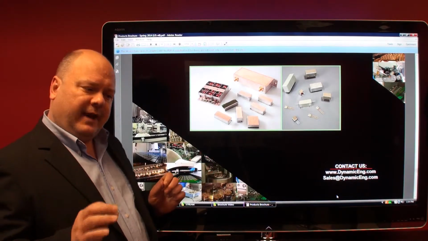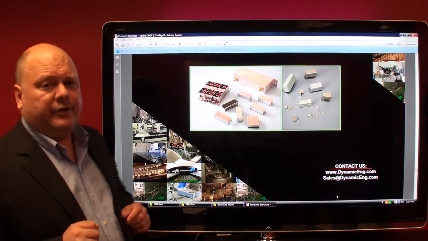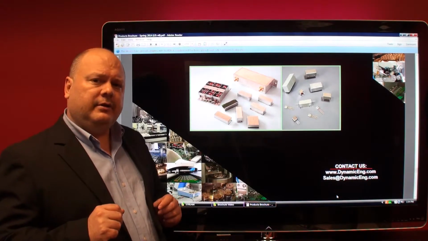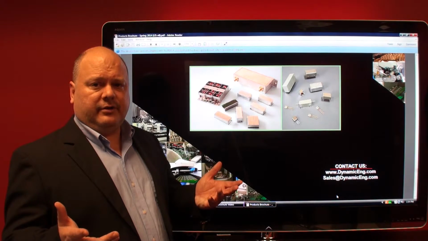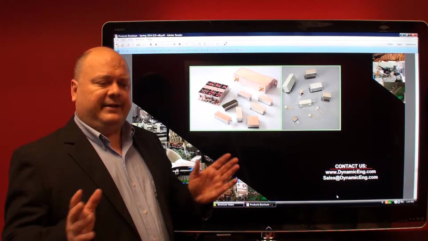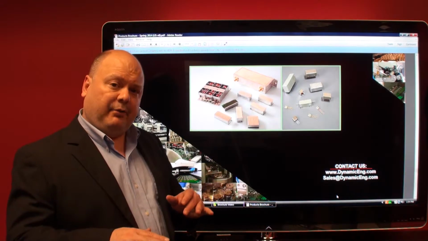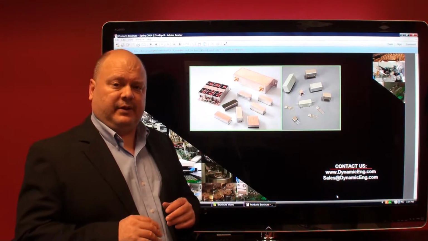So let's talk about that for a second. Bandwidth percentage. Usually you take the total bandwidth, the plus or minus so many kilohertz or megahertz, add it together, and divide by the operating frequency, or the center frequency.